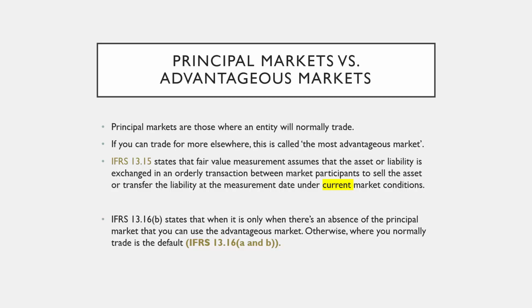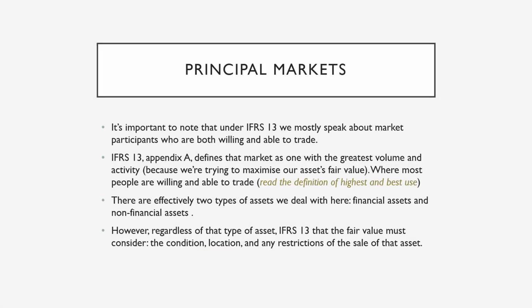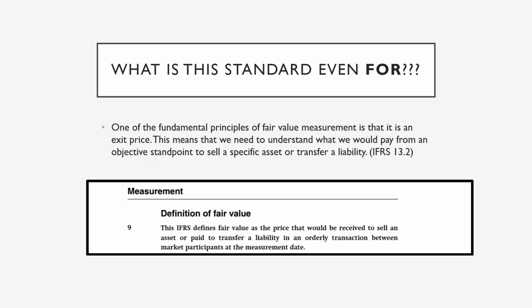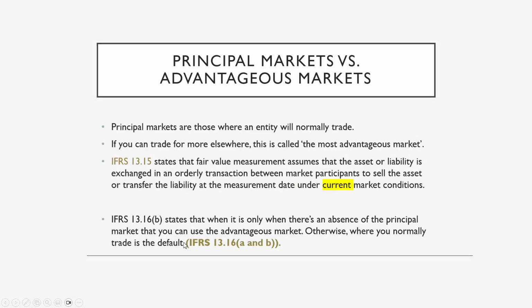You can't decide that because the fair value of my asset is higher in a different market, that I'm now going to suddenly trade in that market. That's not the fair value. It's where a willing and able buyer is to trade in a principal market. And the market participants are assumed to be market participants in that principal market.